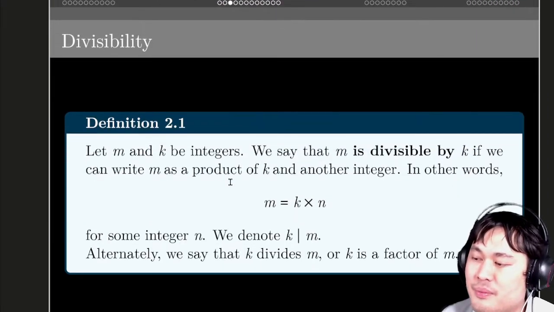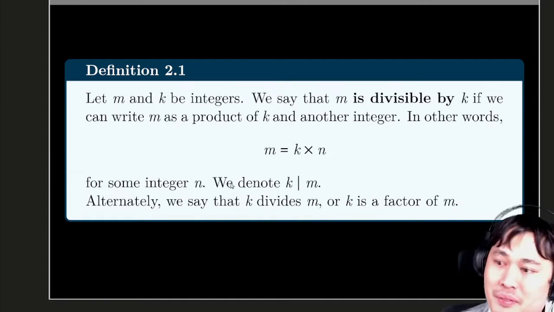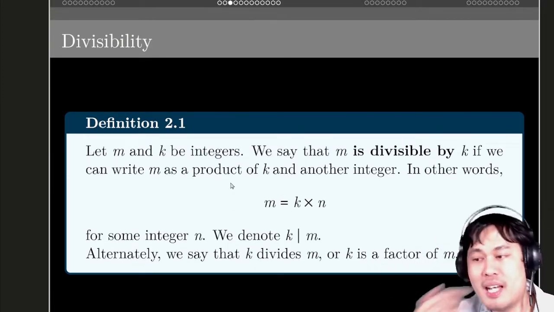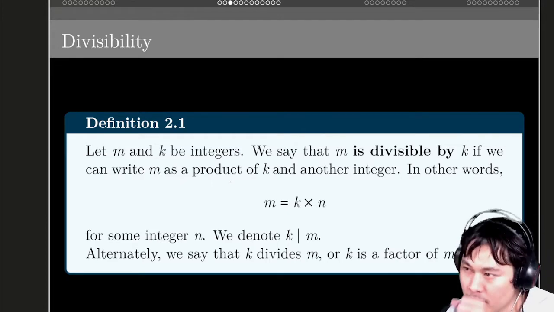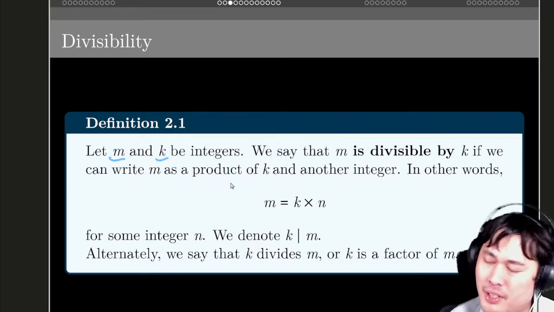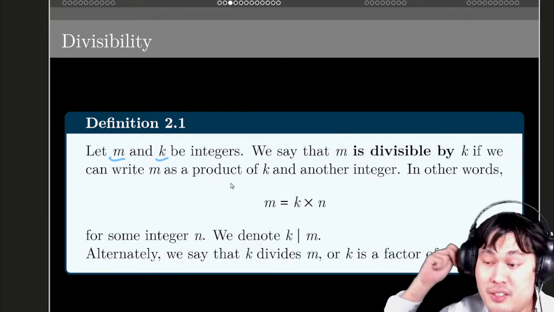First one is divisibility. It is asking whether a number can be divided by another number. Given two numbers, m and k. Oh, sorry, given two integers. We need to use the word integers here.